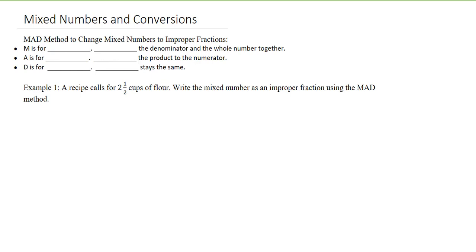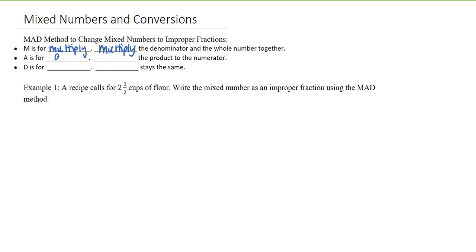Mixed numbers and conversions. So the MAD method is to change mixed numbers to improper fractions. M is for multiply, because we're going to multiply the denominator and the whole number together.